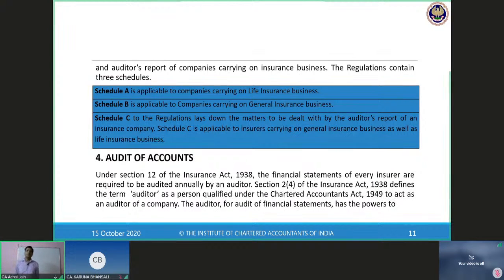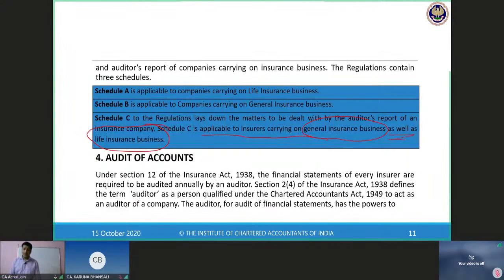So this is something which becomes more important for us other than A and B. Schedule C is applicable to insurers carrying on general insurance business as well as life insurance business. So that means all of these considerations around the auditor's report will be common to both.